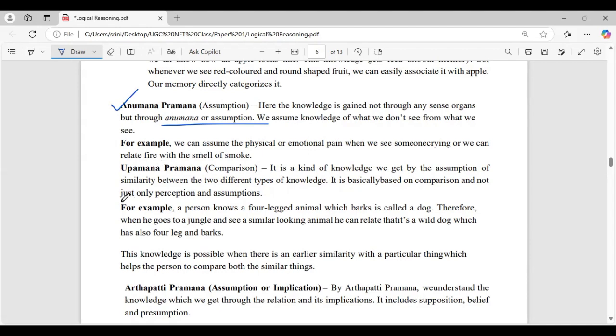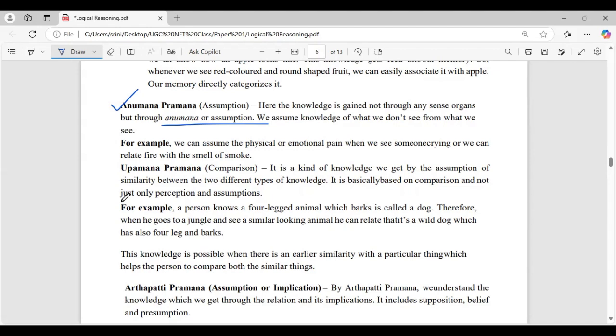Then Upamana, comparison. It is the kind of knowledge we get by the assumption of similarity between two types of knowledge. It is based on comparison, not just perception and assumption. A person knows a four-legged animal which barks is called a dog. Therefore, when he goes to a jungle and sees a similar-looking animal, he can relate that it's a wild dog, which also has four legs and claws.